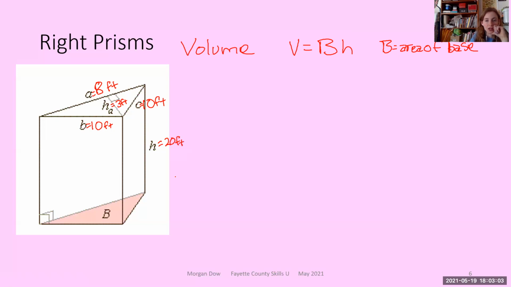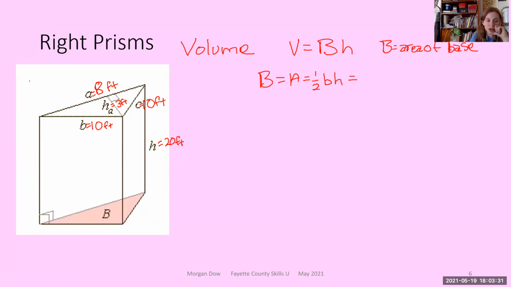Okay. So if we want to calculate the volume of this triangular right prism, we're going to need to find the area of the base, the area of one of these triangles. For that, I'm going to use the formula for area of a triangle, which if we take a look at our formula sheet is half the base of the triangle times the height of the triangle.